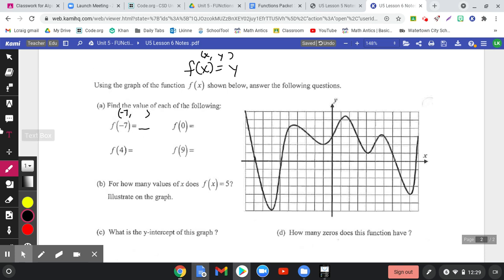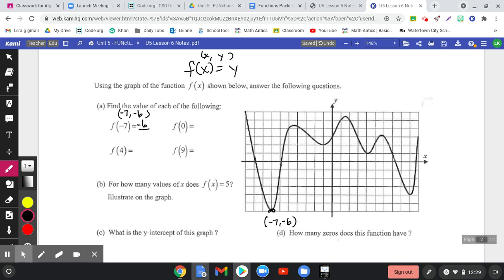So find where -7 is on your graph. 1, 2, 3, 4, 5, 6, 7. -7, and then follow it up or down until you hit it. Right there. It's the point -7, -6. So f of -7 is -6.